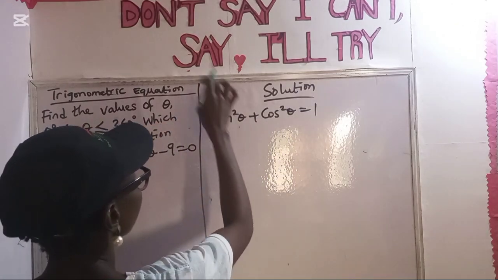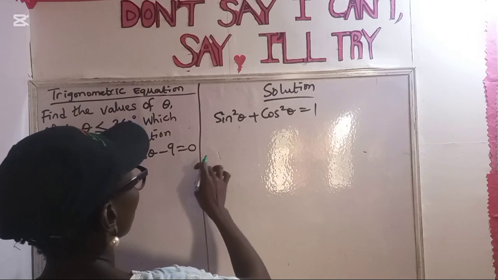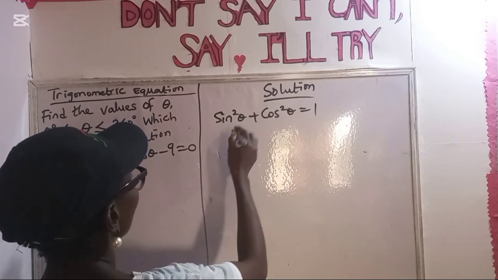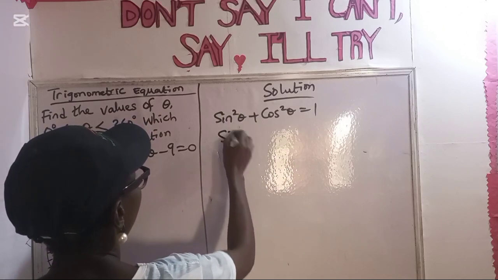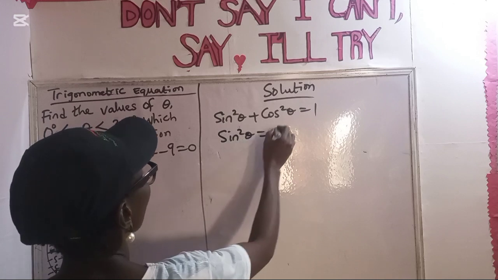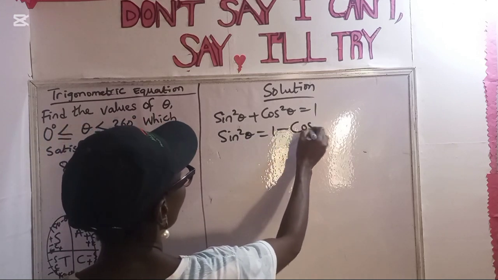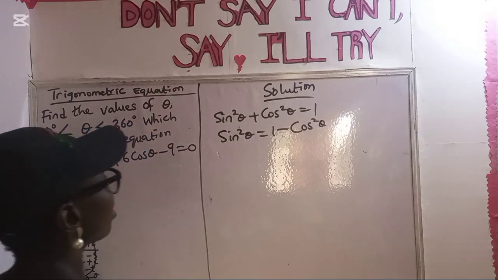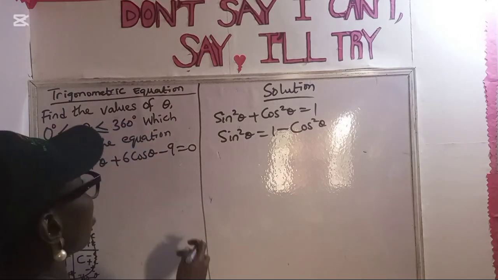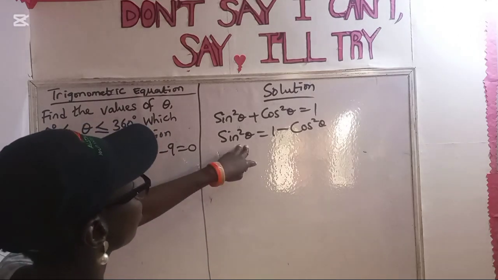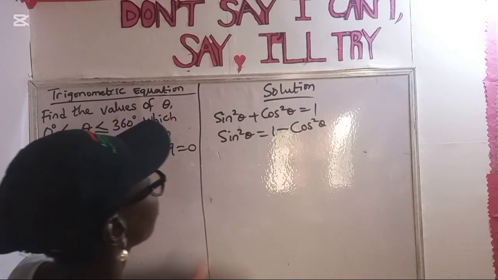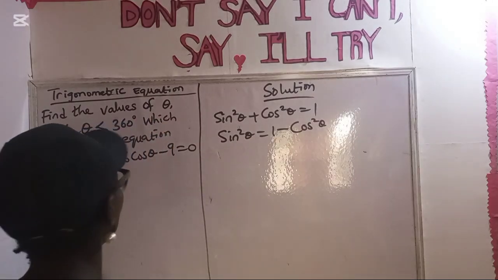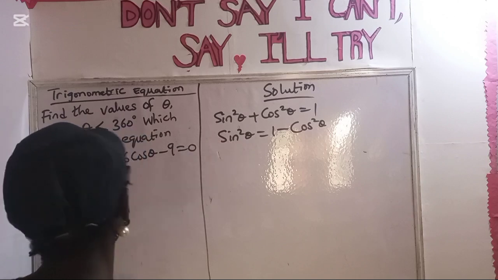We are substituting this for sine square theta. How do we do that? Sine square theta equal to 1 minus cos square theta. This cos square is coming down here, becoming minus, right? In the place of sine square theta, we are writing 1 minus cos square theta. We have substituted it now.